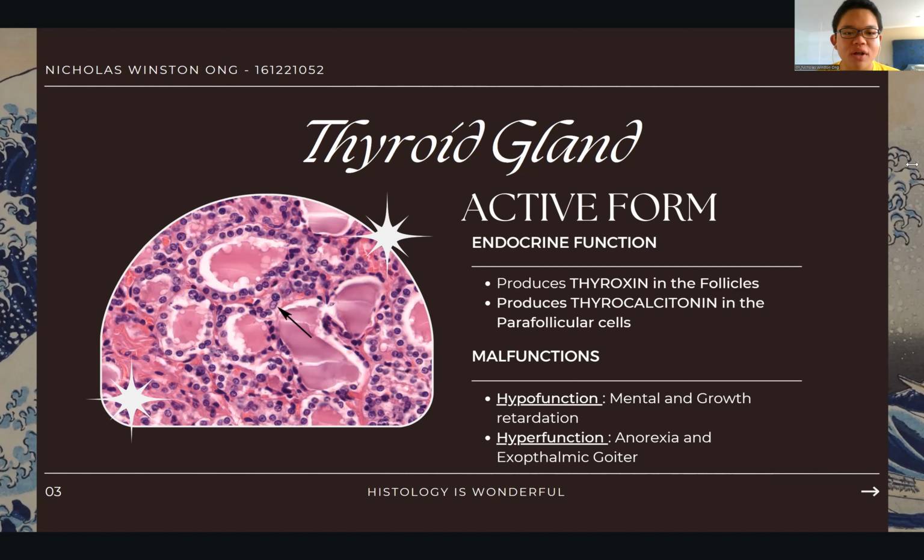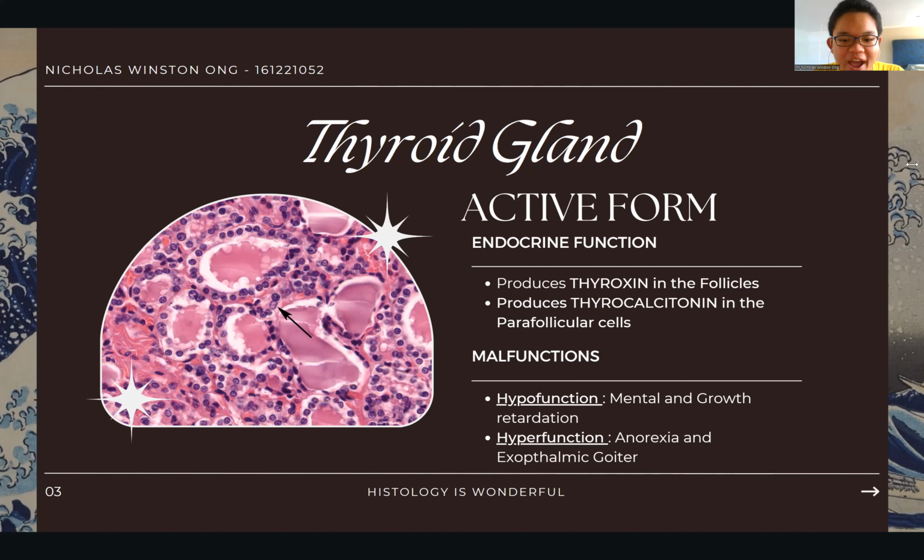In the musculoskeletal cells, low metabolism and low growth rates will result in growth retardation. So the effect of a hypofunctioning thyroid gland will be growth and mental retardation.